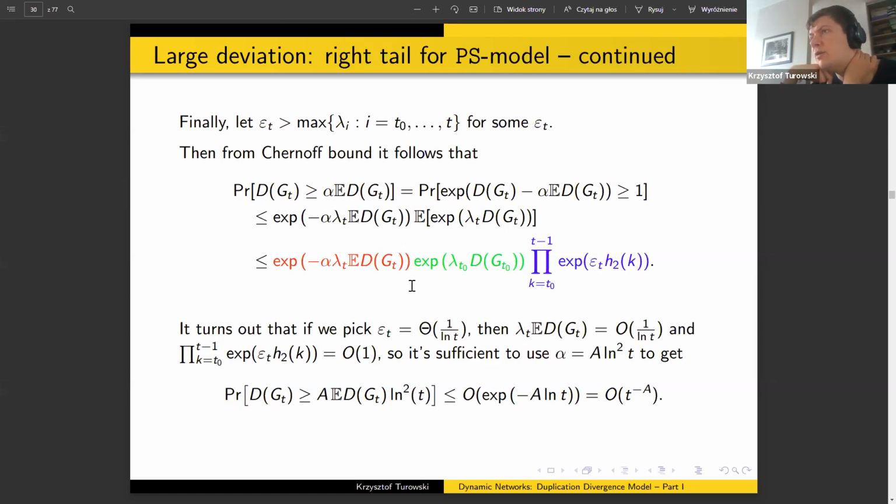The latter part, also, if we pick epsilon t, which is slowly going to 0, can also be bounded by a constant.